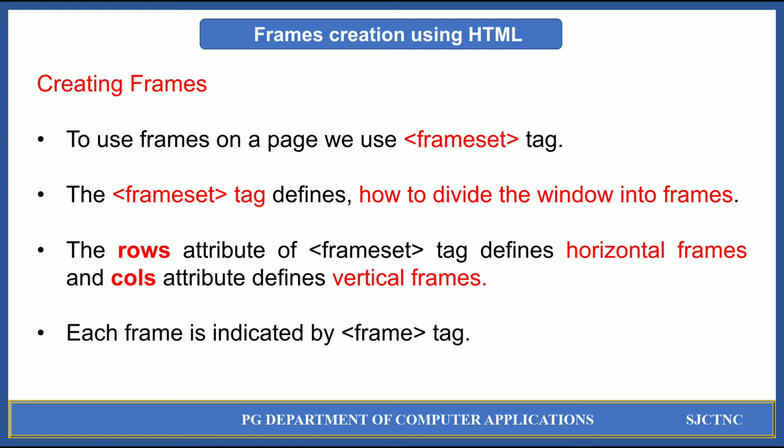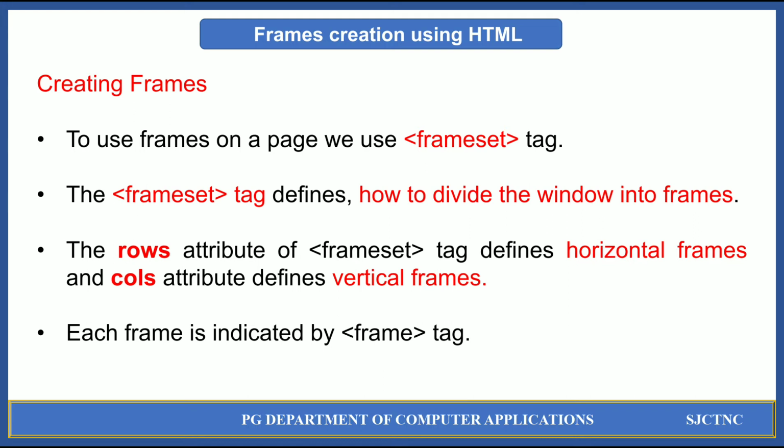A frameset tag has attributes called rows and columns, like we have in a table tag also. The rows attribute is used to define horizontal frames. The columns attribute is used to define vertical frames.